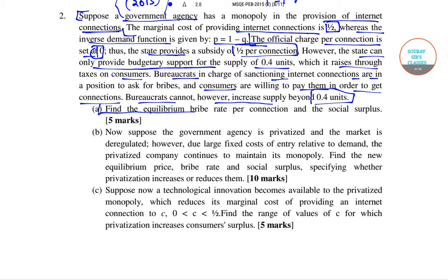We have to find the equilibrium bribe rate per connection and the social surplus. So how do we find it?